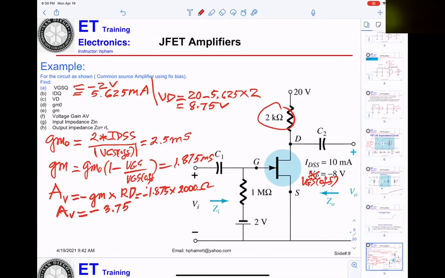Does it make sense that you have a minus gain? That's telling you the input and output are out of phase. You should put 2 instead of 2,000, because that one is milli. Okay, 2K.